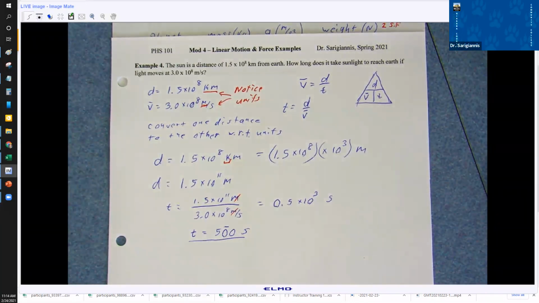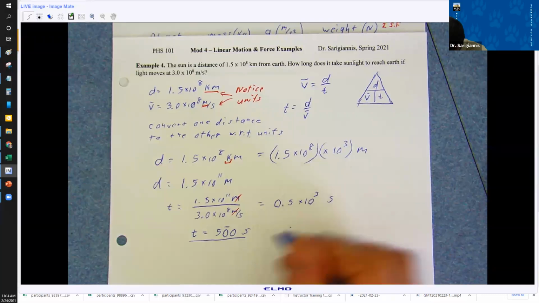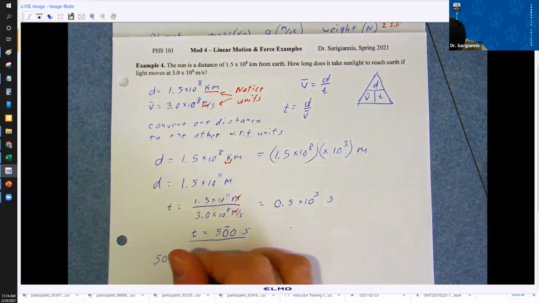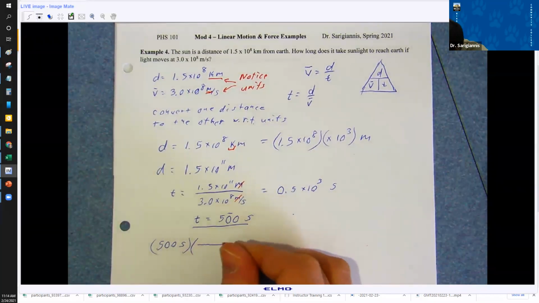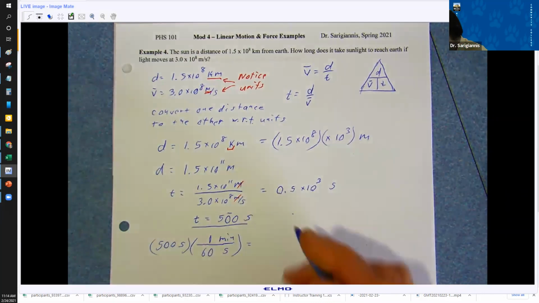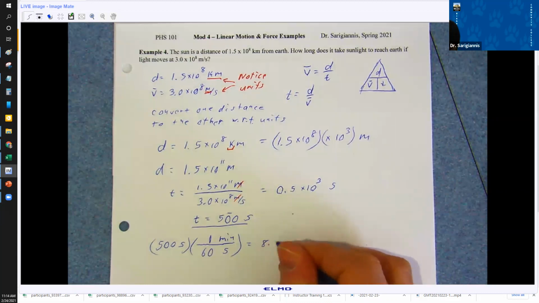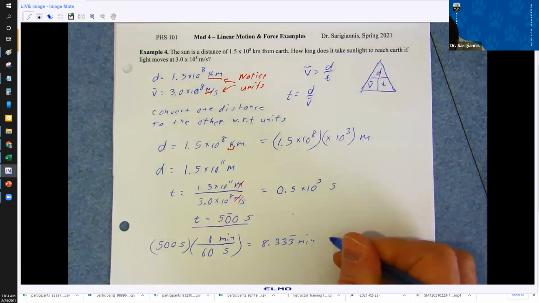The other thing I can do here is convert this to minutes, right? I can say 500 seconds times, I want minutes. I have seconds. 1 minute is 60 seconds. So I just divide this by 60 and I get 8.333, etc. minutes. See, this is where the bar gets confusing.